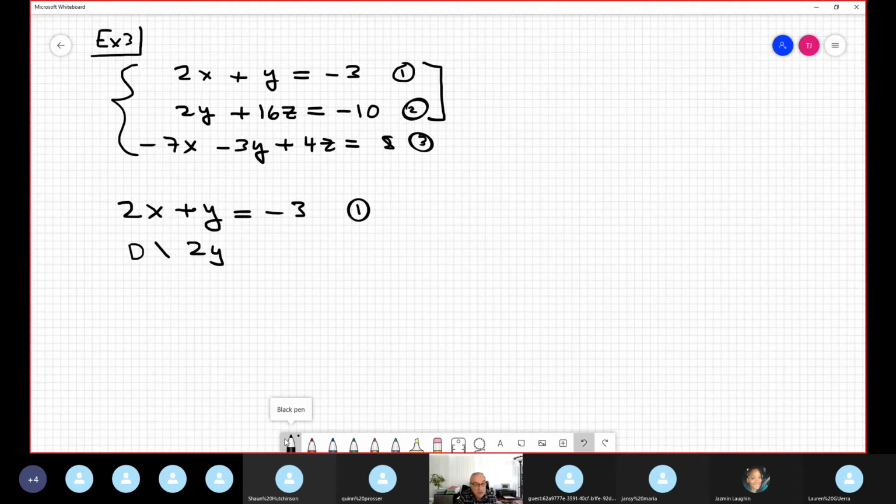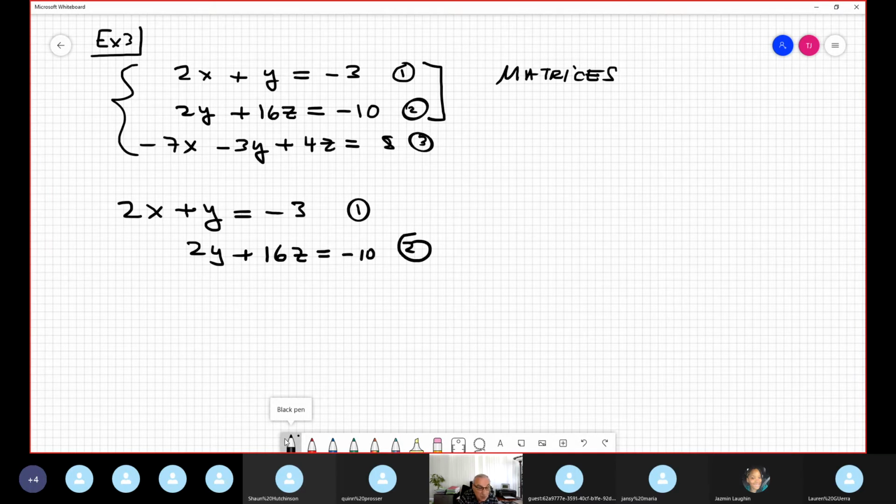When you study matrices, we have another fantastic way to solve the system, but this is the classical way. I repeat again this idea. 2y plus 16z equals negative 10. This is equation number 2.